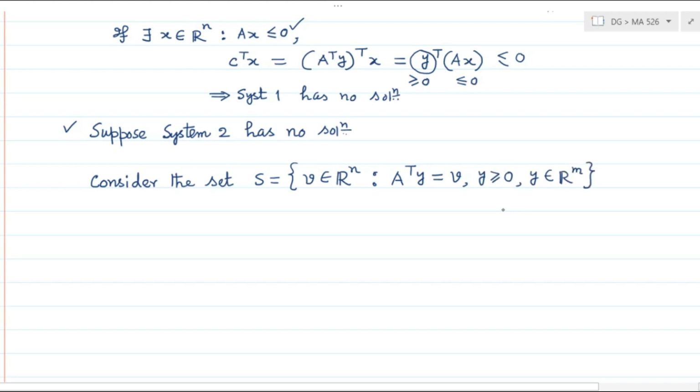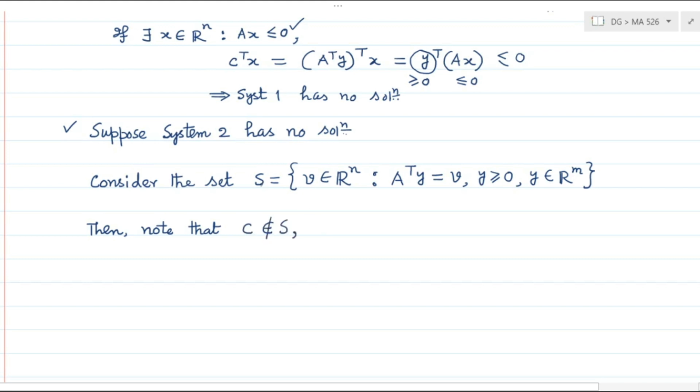Fine. And therefore obviously C does not belong to this set, is that not so? Because if C belongs to the set S, then obviously for one y you will have A transpose y equal to C, because these are the elements of the set S. And therefore immediately we find that C does not belong to S.